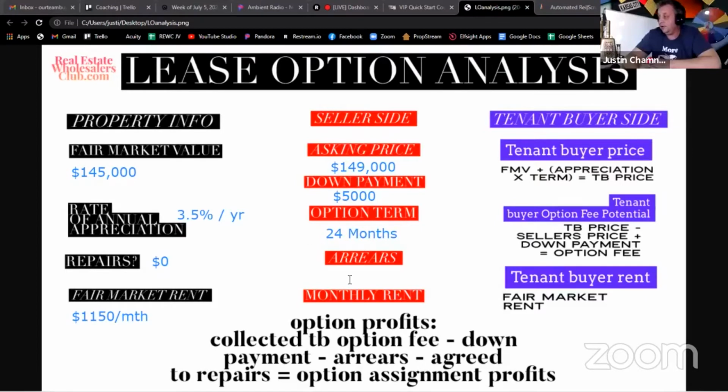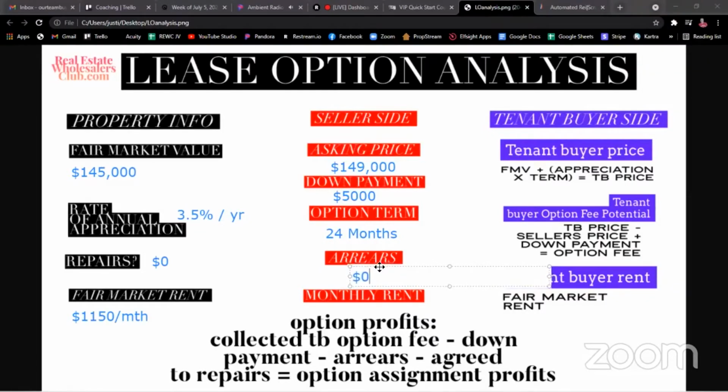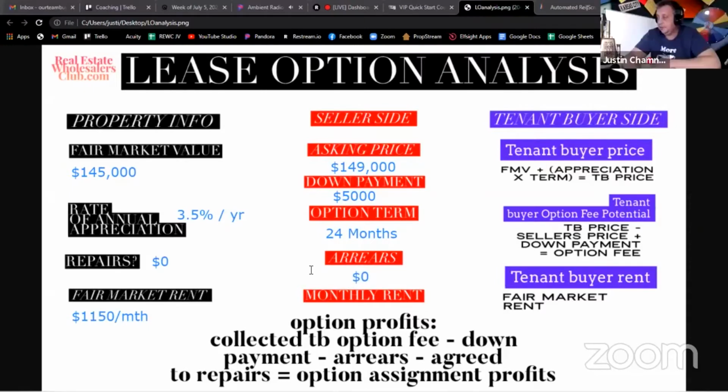All right. Arrears. There were no arrears. Everybody knows what arrears are. What are arrears again? Somebody tell me. Late payment. Yep. Late homeowner payments. Arrears could also mean they're behind on a homeowners association.